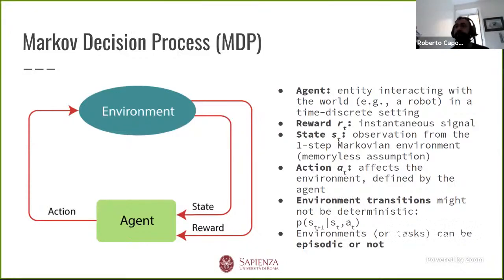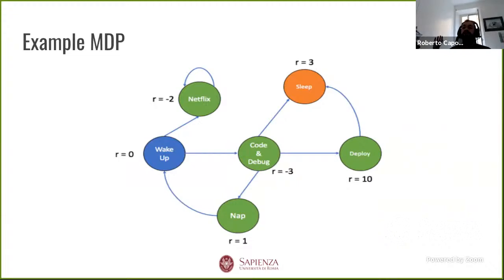It's called like this. So this is an example MDP where you can see transitions between different states and rewards. If you wake up and go watching Netflix the whole day, and you can basically continue only watching Netflix because you will not do anything else, you get -2 reward at every time step.